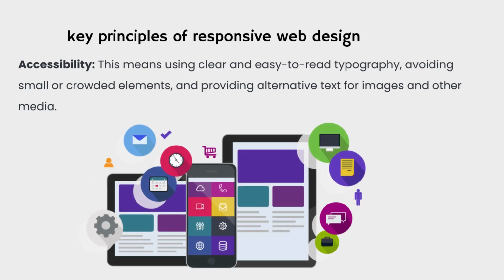The next thing is accessibility. Accessibility means using clear and easy to read typography, avoiding small or crowded elements, and providing alternative text for images and other media. So the point is, if the menu of your website can't be easily accessed on mobile devices, then it's not worth it, right?